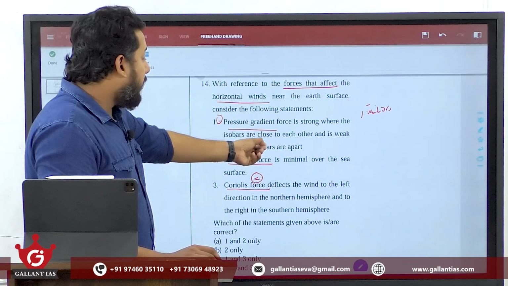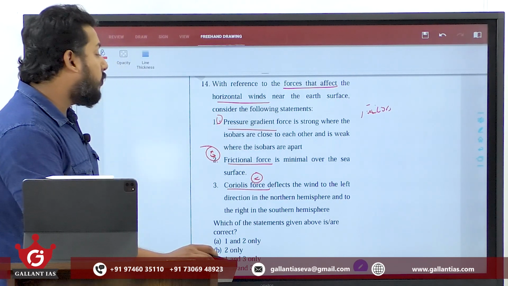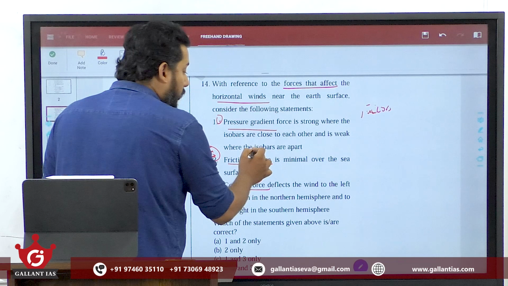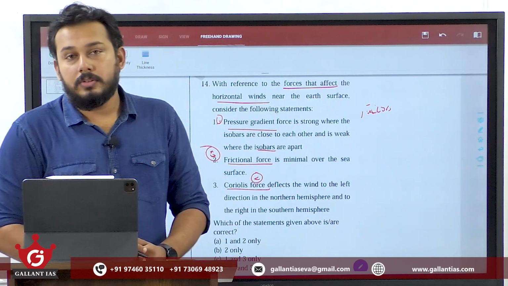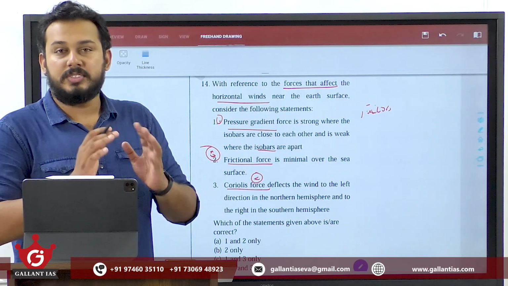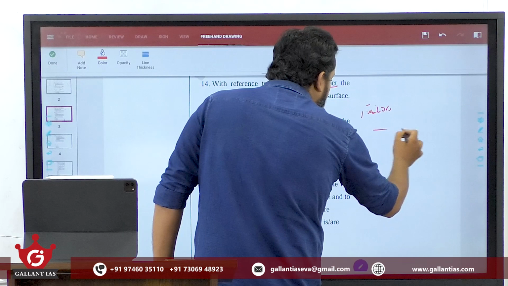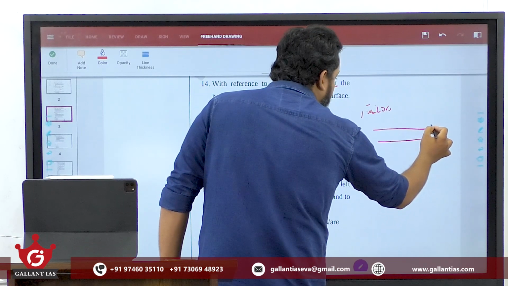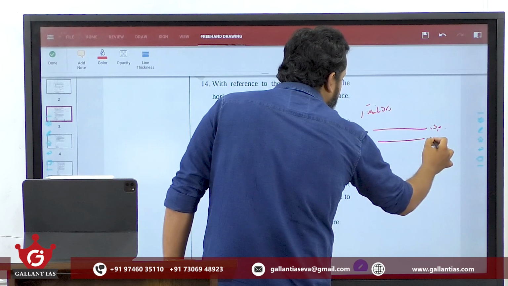So it is saying that it is strong where isobars are close to each other and weak where isobars are apart. So what are isobars? If you draw a line joining the points of Earth having the same pressure, we get an isobar. So suppose these are two isobars, like suppose this is the 10 Pascal isobar, this is the 11 Pascal.